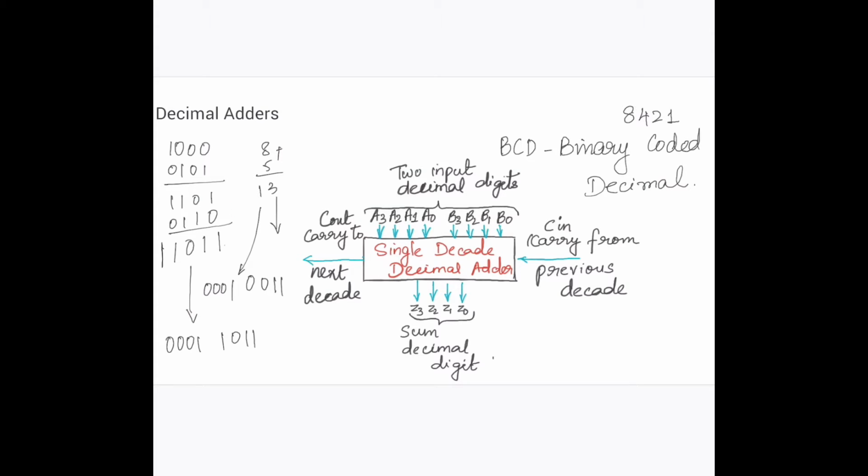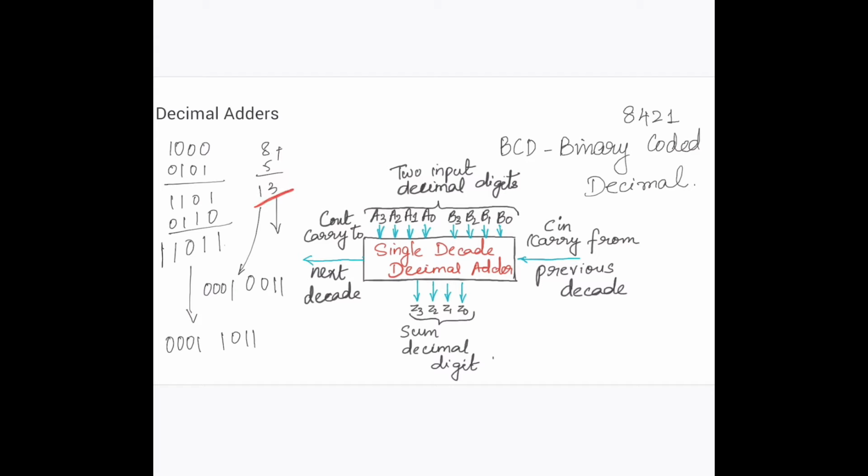Consider an example, addition of 8 plus 5. 8 is 1000 and 5 can be denoted as 0101. The addition of this will result in 1101, or else it is equal to 13.